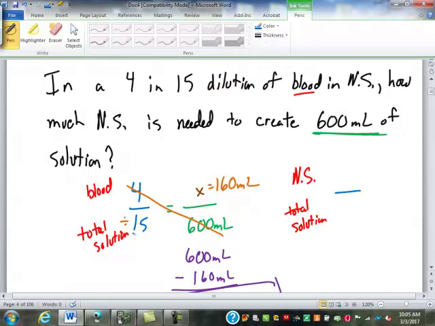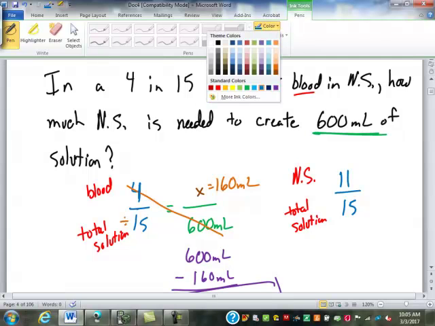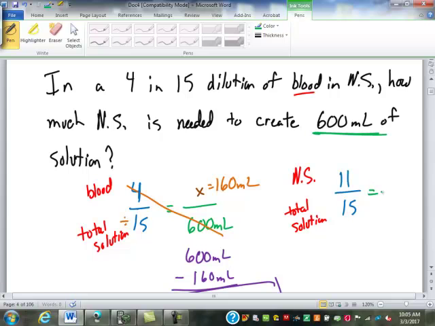So the total solution is still going to be 15 parts here. From that dilution ratio, how many parts would the water be? Good, 11. Because if 4 out of the 15 were blood, 15 minus 4 leaves 11 parts that would be water. Remember, the water has to make up everything else.